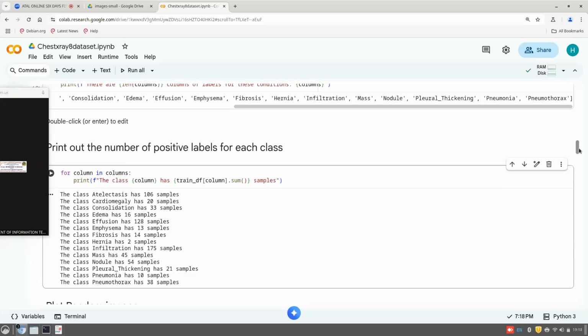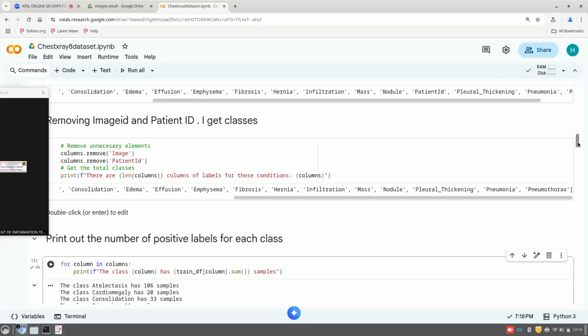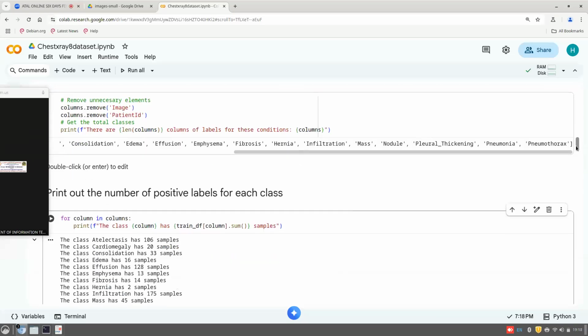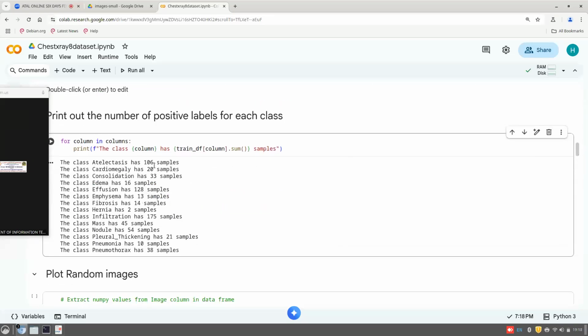If you look at all the abnormal chest X-rays, of the 1,000 chest X-rays you can see that 106 are atelectasis, 20 are cardiomegaly, 33 are consolidation, 16 is edema, and effusion is 128, emphysema is 13, fibrosis is 14.